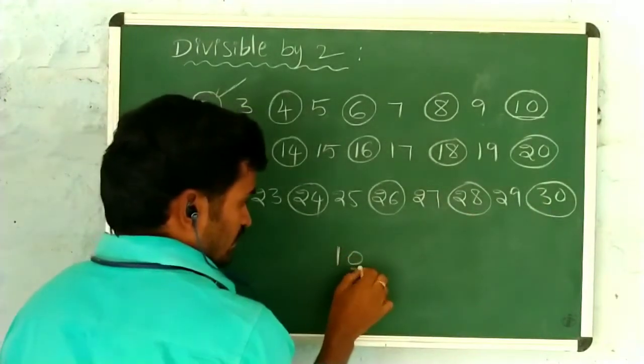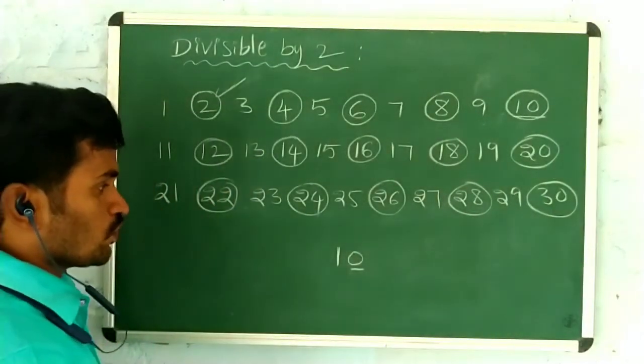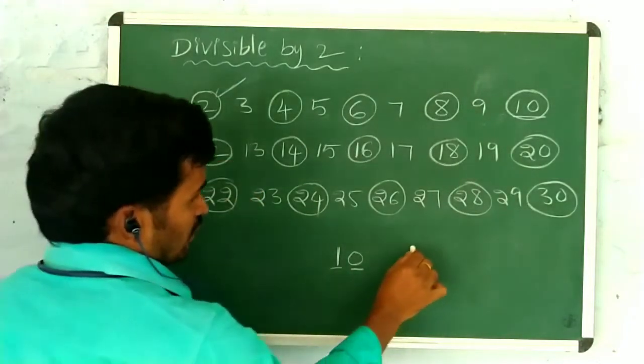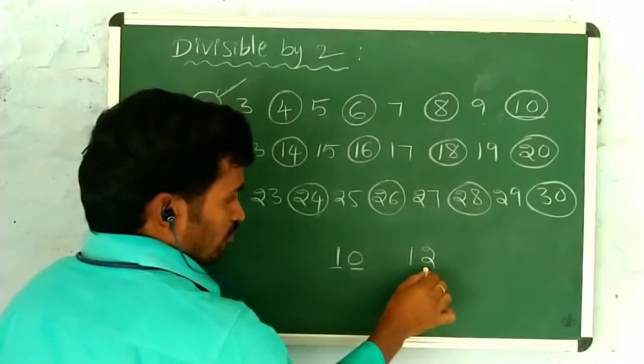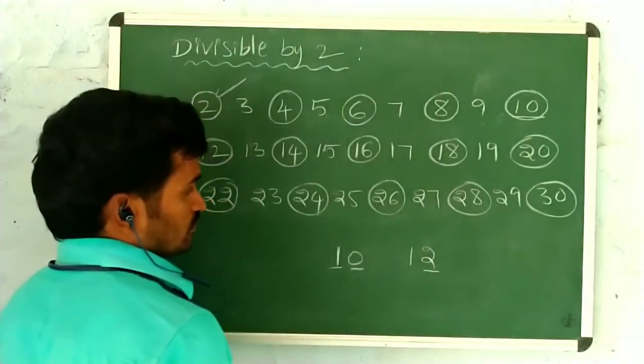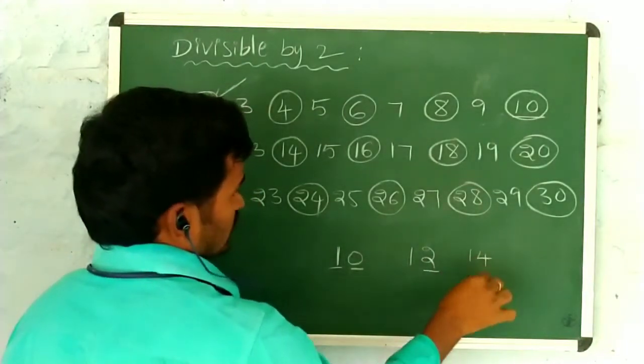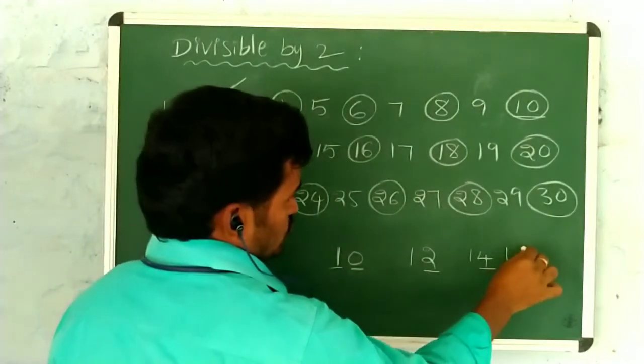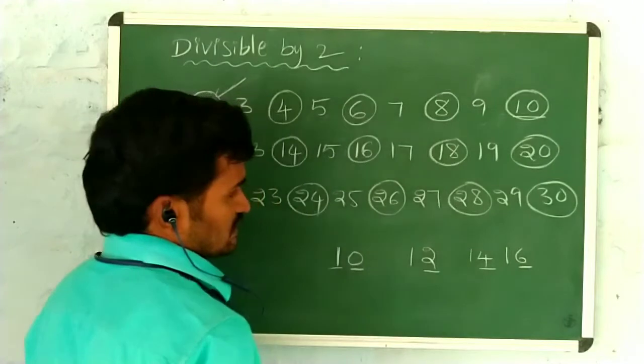In the number 10, ones place is 0, tens place is 1. If you take number 12, here ones place is 2. If you take 14, ones place is 4. If you take 16, ones place is 6.